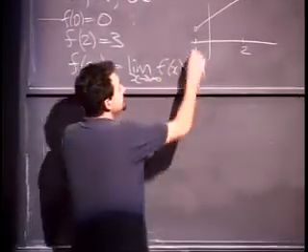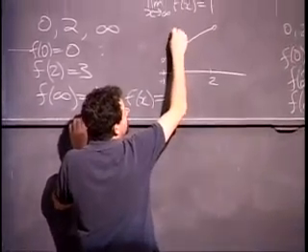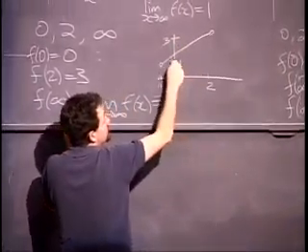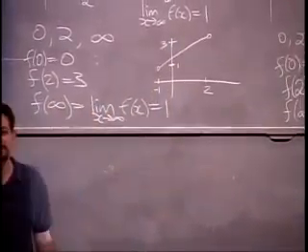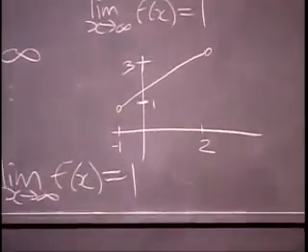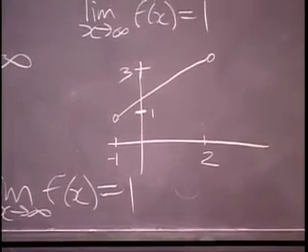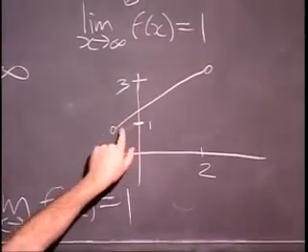You'd like to say that the minimum value is 1, but that is also not true because 1 is never actually achieved by the function. The function never is at height 1, so it's wrong to say the minimum value is 1, because it gets close to 1, but never actually gets there.